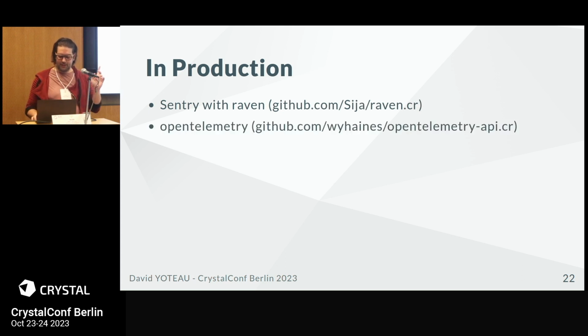The second tool I use in production is OpenTelemetry. I use OpenTelemetry instrumentation and API. I can identify the longest and most used processing in order to prioritize my optimization and my work.